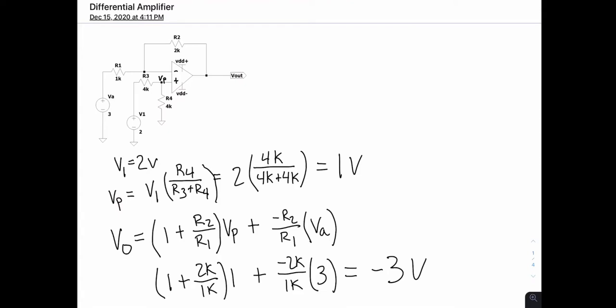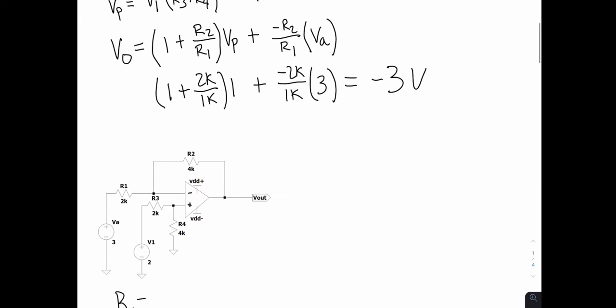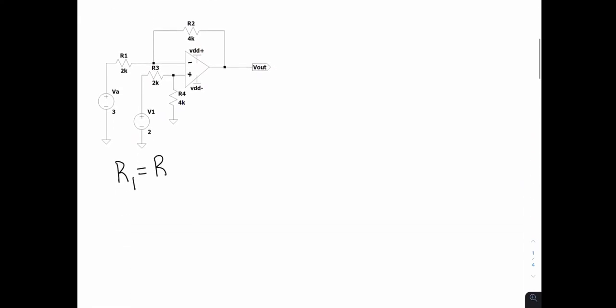There are certain cases when we can simplify this formula for the differential amplifier, and this case is going to be when R1 is equal to R3 and when R2 is equal to R4.